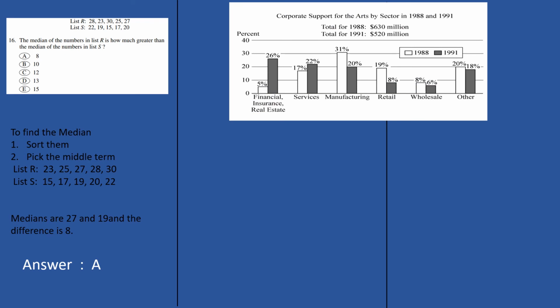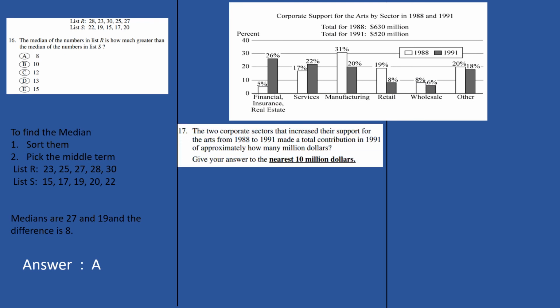A bar graph is given, and question 17 says the two corporate sectors from 1988 to 1991 made a total contribution in 1991 of approximately how many $1 million more? We have to give the answer correct to $10 million.